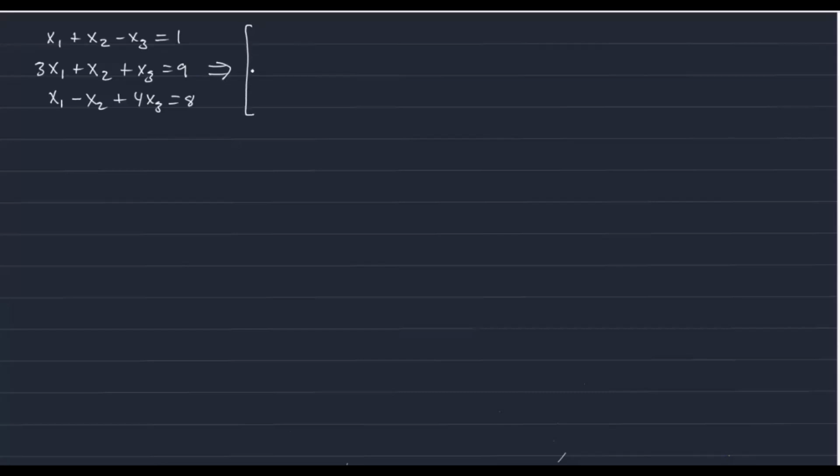Again, the matrix is basically just removing the x's, and we're just writing the coefficients on the x's. So we have 1x1, 1x2, and then a minus 1x3, and a 1. That's the first equation. We have a 3, a 1, a 1, and a 9 for the second equation, and then a 1, a minus 1, a 4, and an 8 for the last equation.